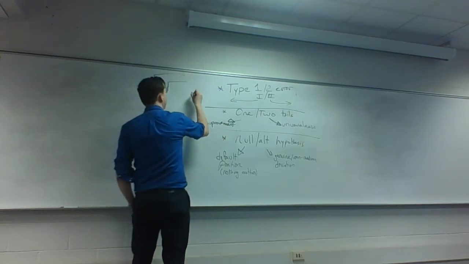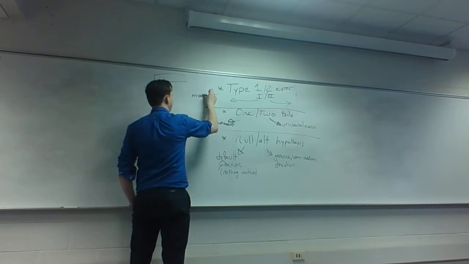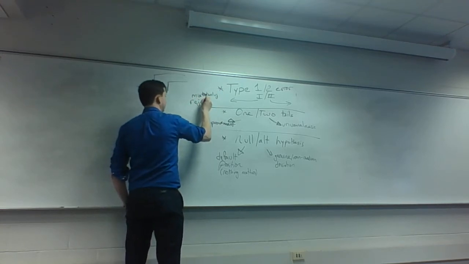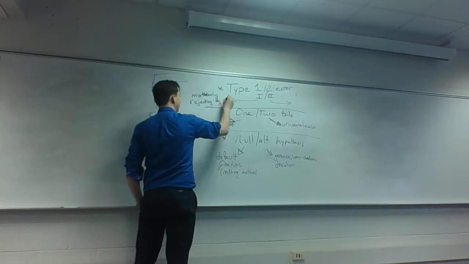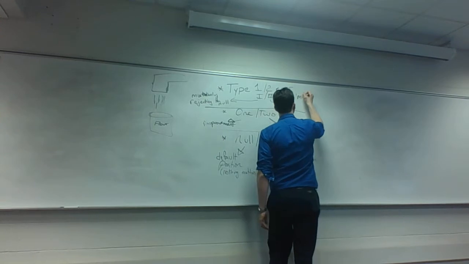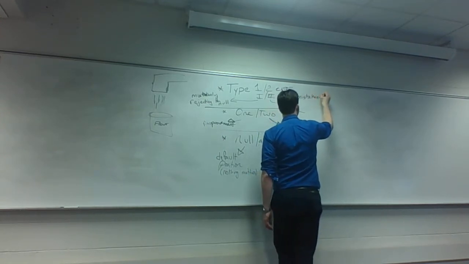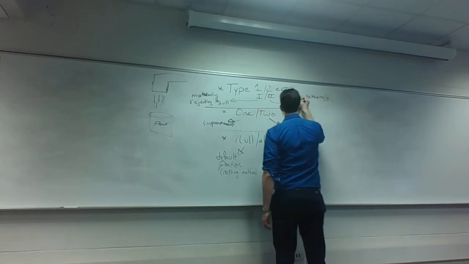There's a long way to say it, but I'm just going to say: type 1 is mistakenly rejecting the null, and type 2 is mistakenly failing to reject the null.